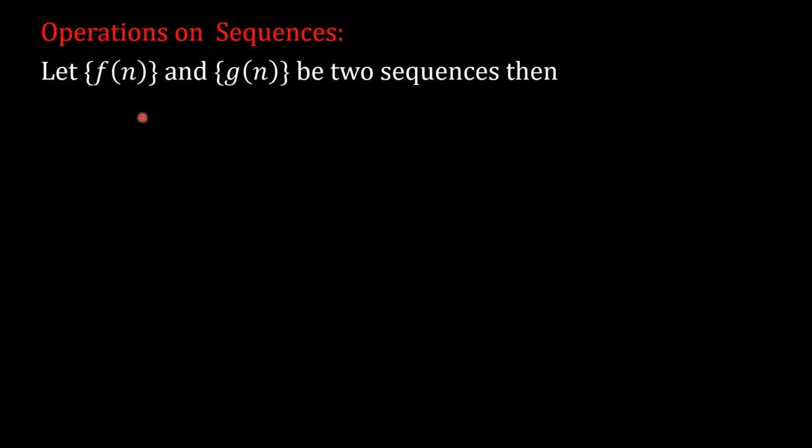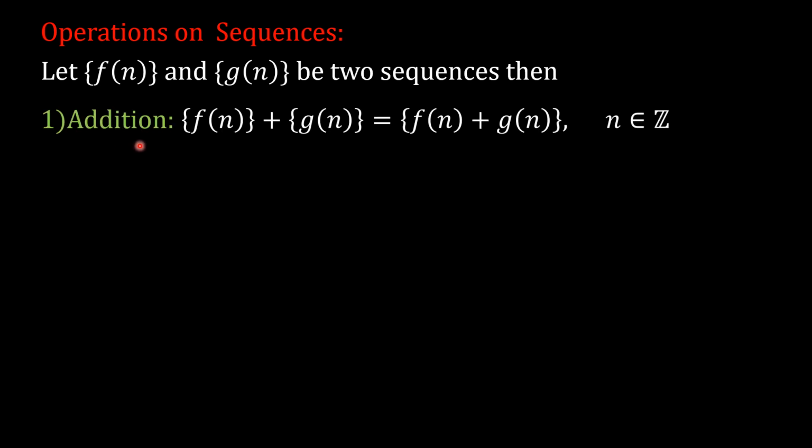Consider the operations on sequences. For that, let f of n and g of n be two sequences. So f of n and g of n are the general terms for the respective sequences. First operation is addition.